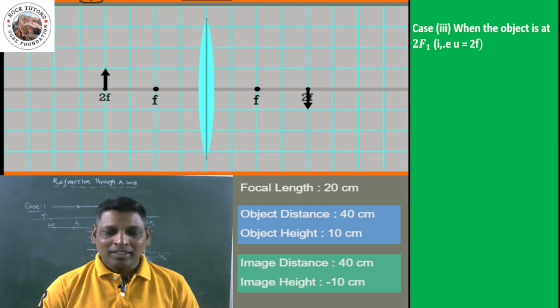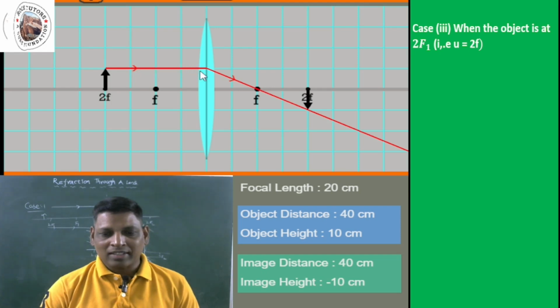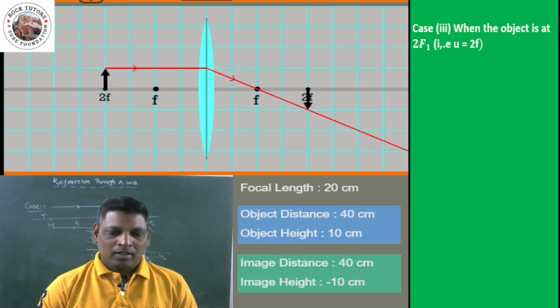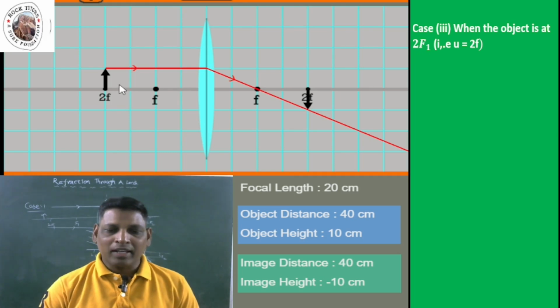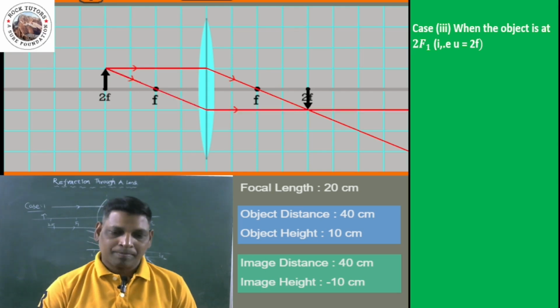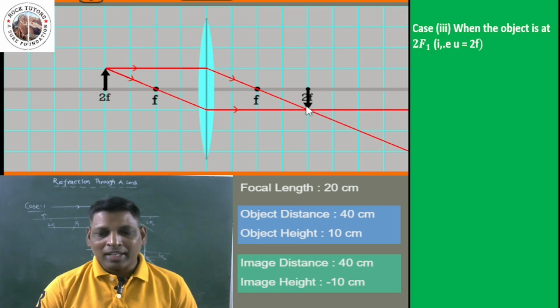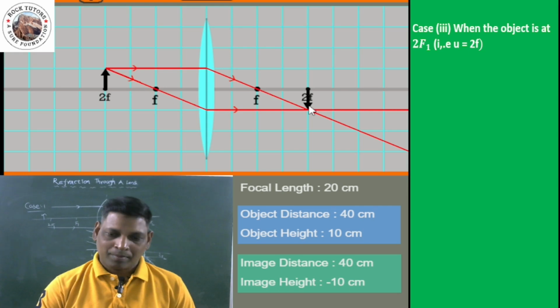We know that this ray after refraction passes through the focus. Another ray I am taking, a ray passing through the focus, after refraction will be parallel to the principal axis. Now both are meeting here.